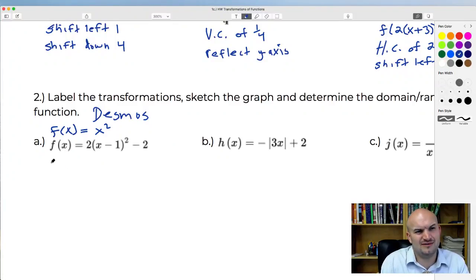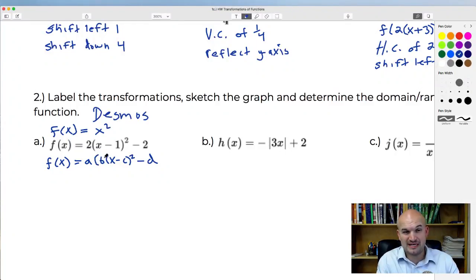Let me write that out in our notation here. So this would be a times b x minus c squared minus d. In this case, there is no b, but we do have an a, a c, and a d.